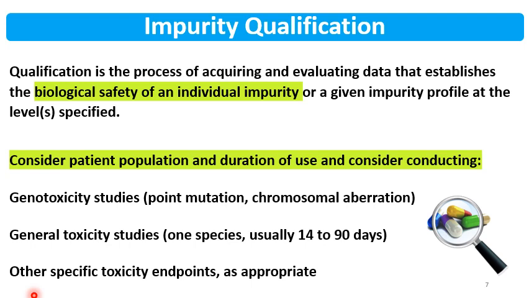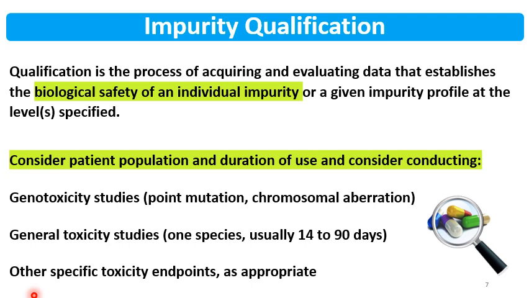So based on the duration of administration, the impurities should be qualified. Like the impurity classes we have seen, for that the qualification tests are provided in the literature, in the ICH guidelines, and in the guideline of respective regulatory authority.